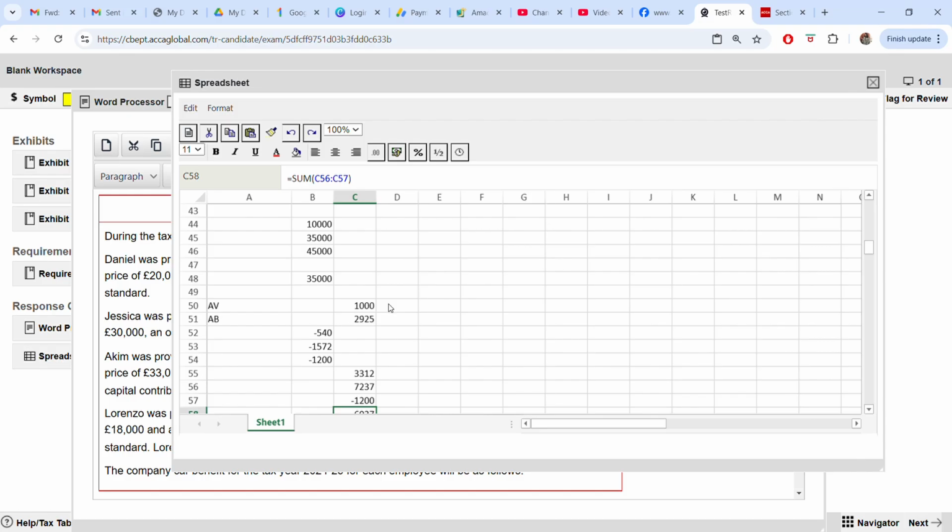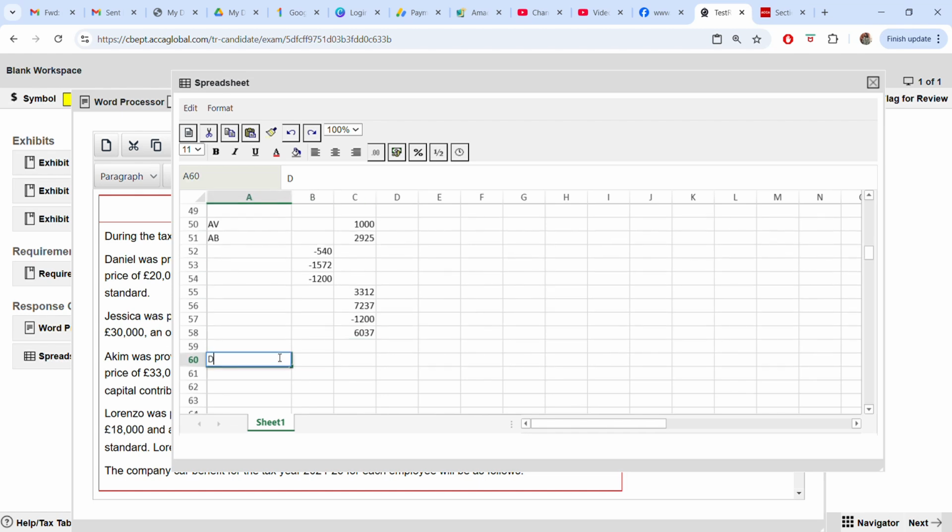So 116 will take 115. So it is 115 minus 55, this whole thing divided by 5. It's always divided by 5. So it's 12%.